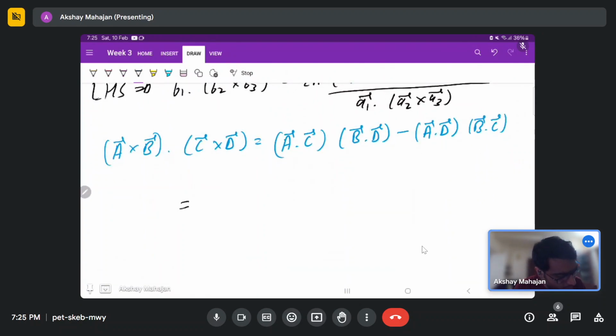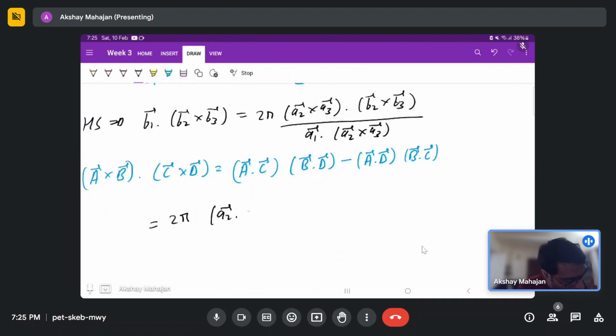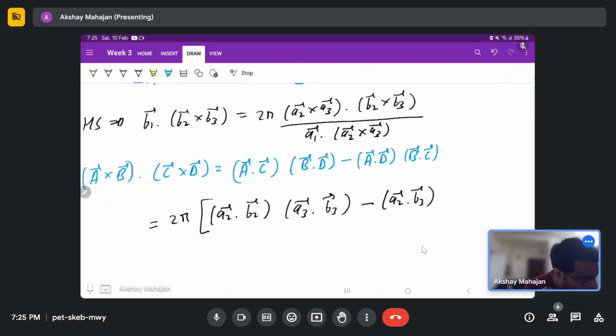So continuing with our LHS, now using this relation I can write 2 pi times, this will be e2 vector dot b2 vector times e3 vector dot b3 vector, minus e2 vector dot b3 vector and e3 vector dot b2 vector, right?